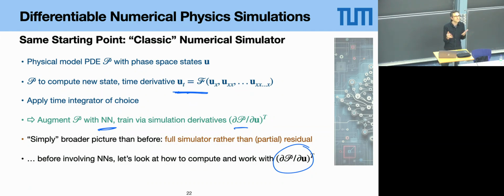Both are higher dimensional. If we would be in 1D setting, it would be a single number, right? A matrix reduces to one number if it's 1 by 1. But in the most usual case, we'll actually potentially have a pretty big matrix just for this term. And that's going to be the goal of the next couple of slides, how to compute these terms and how to work with these Jacobian matrices, because that's going to be a crucial ingredient.